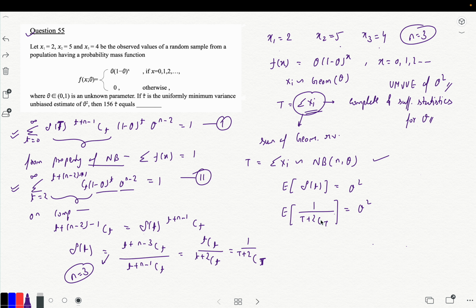Now we remember that by the help of the Rao-Blackwell theorem and the Lehmann-Scheffé theorem, what do they say? We have this delta T which is a function of T, and that is also a complete sufficient statistic. So what does Rao-Blackwell say?